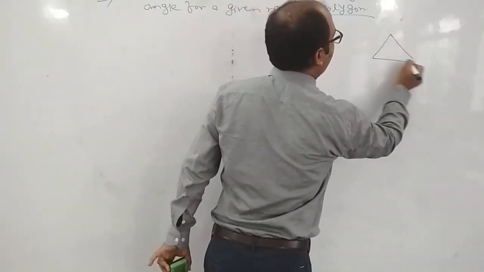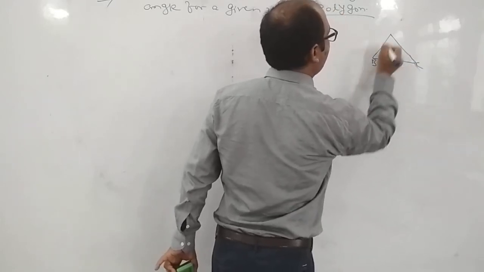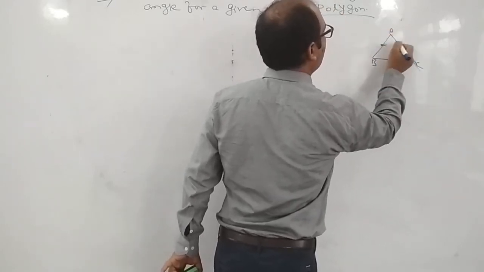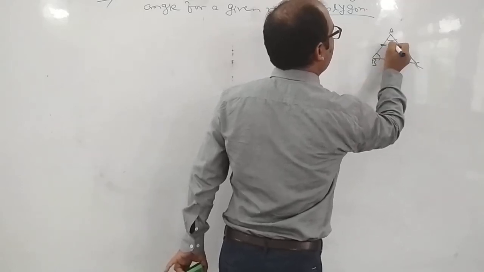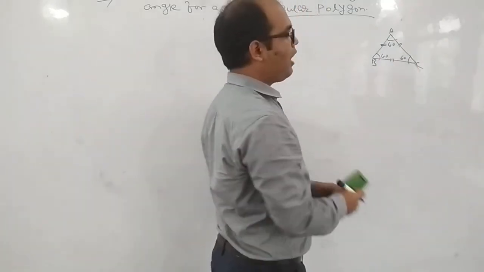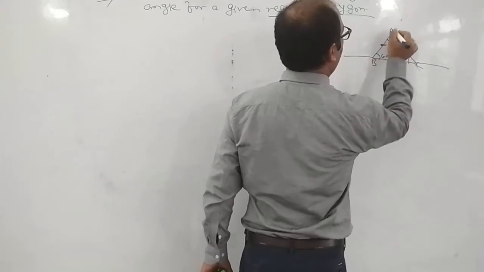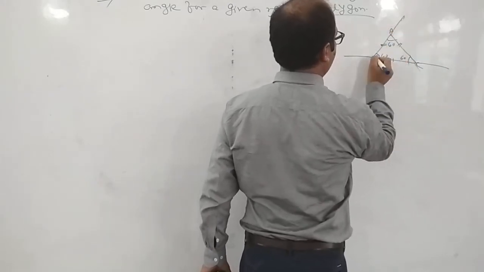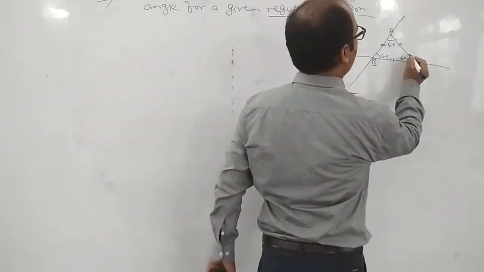Here, if we take this triangle ABC, that is a regular polygon, meaning all the sides are equal. So this one is 60, 60 each, since all the angles are equal. Now the question is to find the exterior angle. This one is the interior angle. This one is the exterior angle.